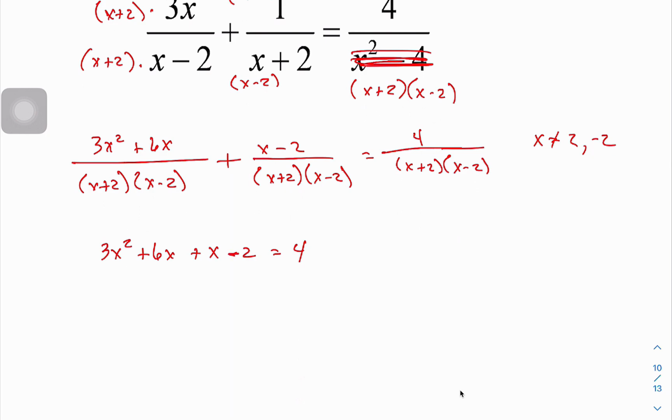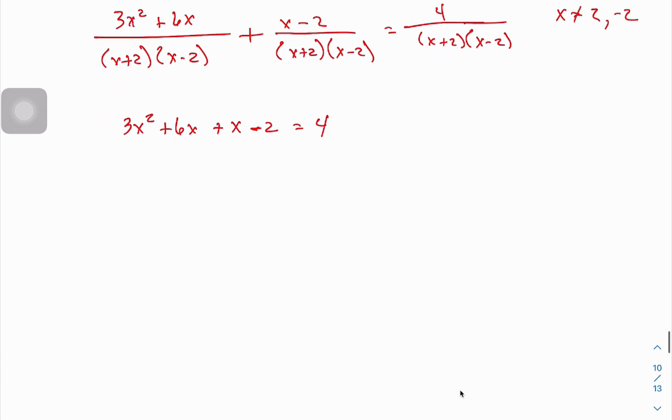There's the rest of the focus, and once again, we're right back to a quadratic equation, which means clean it up, get it equal to 0, and then either factor or quadratic formula, one of the two. So we have 3x squared. This gives us 7x. And when I subtract the 4 over, it gives me a minus 6 equal to 0.